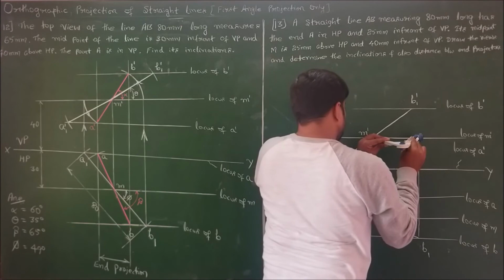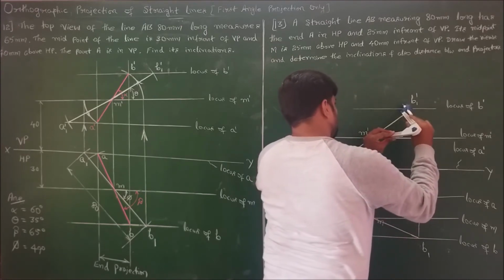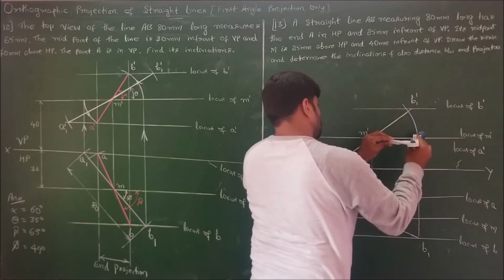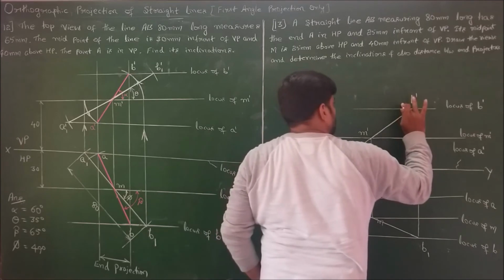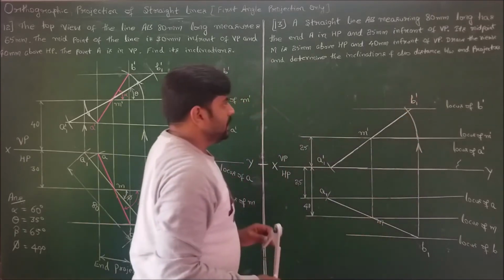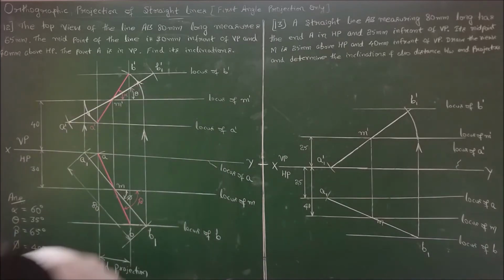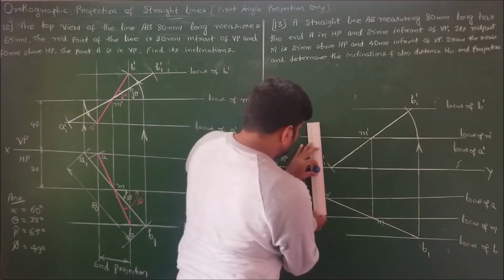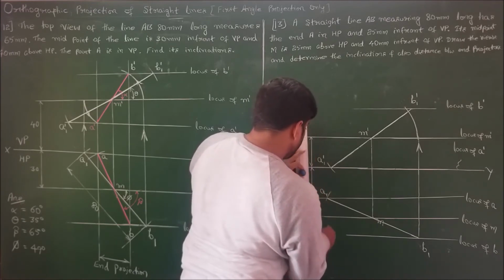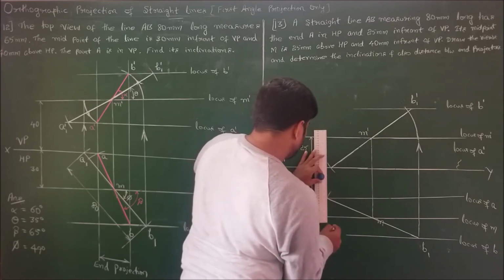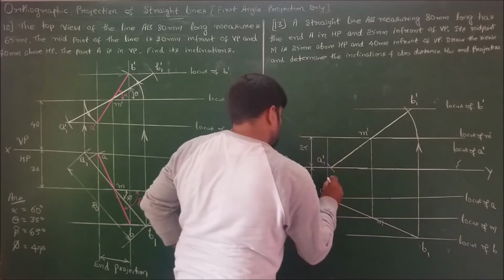So taking this as radius, you just cut an arc. So thereby you got point B dash. So similarly, if you want the procedure to be followed, drop the perpendicular from A1 to midpoint. So drawn.